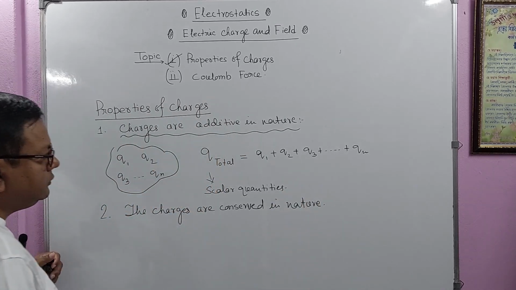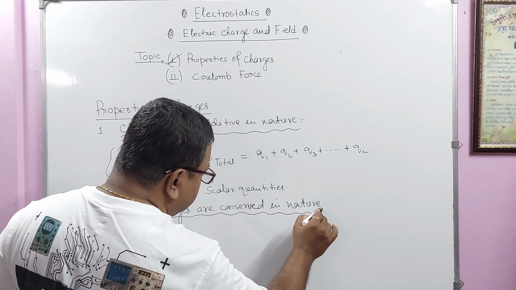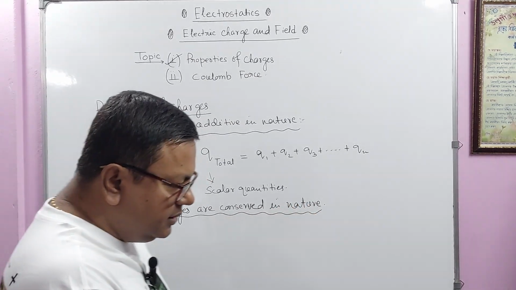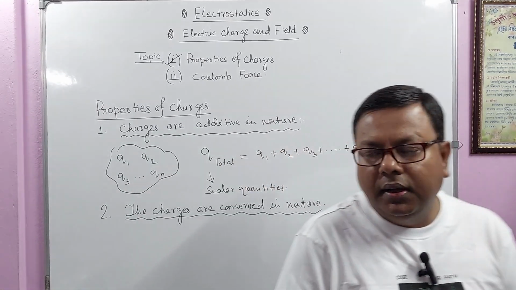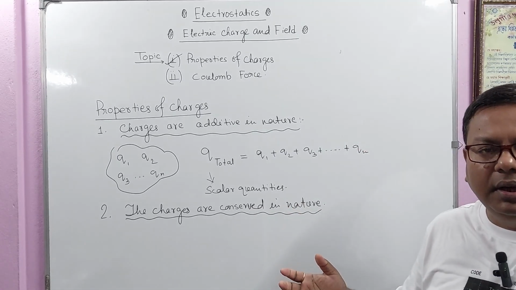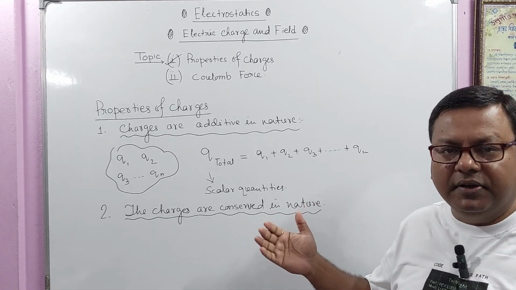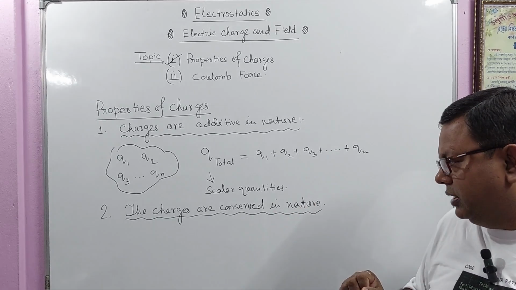So charges are conserved in nature. What does it mean? It means that in a system we can never create any charge or destroy any charge. That is, we can transfer charge from one body to another body.